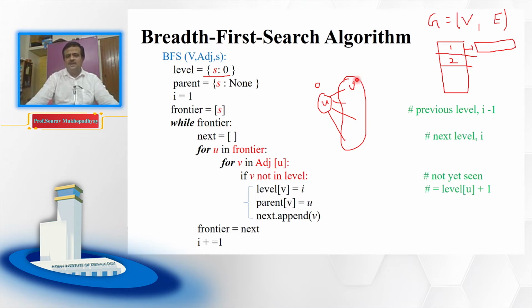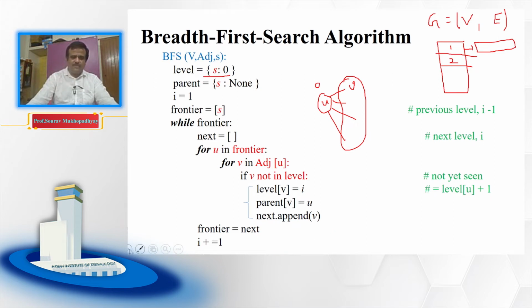We take a vertex from this frontier, then we consider all the vertices which are in the adjacency list of this, we label them by the next level, that is I plus 1, and we make the parent pointer also to have the shortest path. So, this way we continue, and again for the next level we add the node into the next by this next append. So, that is the way.